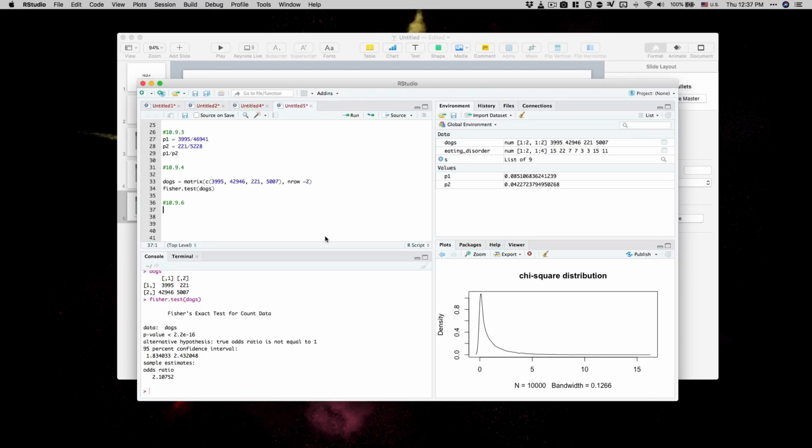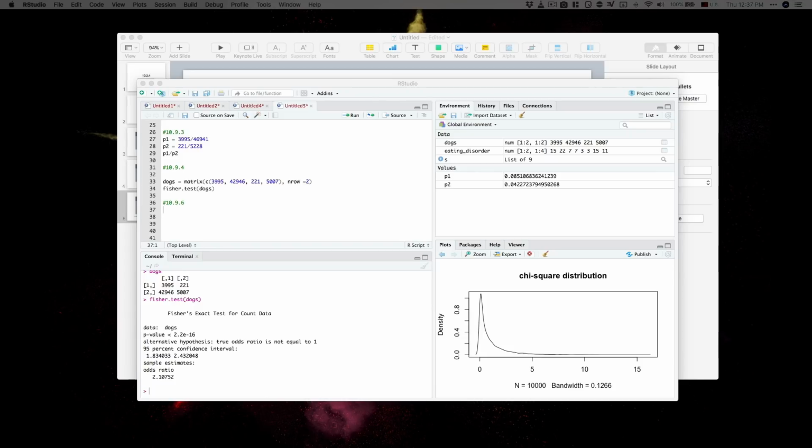If we have more data, we can have a much shorter confidence interval, but in this case we have a wider confidence interval because we don't have enough data, and that has been accounted for by the length of the confidence interval, so you don't have to worry about that. And on the other hand, because the confidence interval does not include 1, we can be quite confident that taking this drug is associated with an increase in the odds of a stroke.